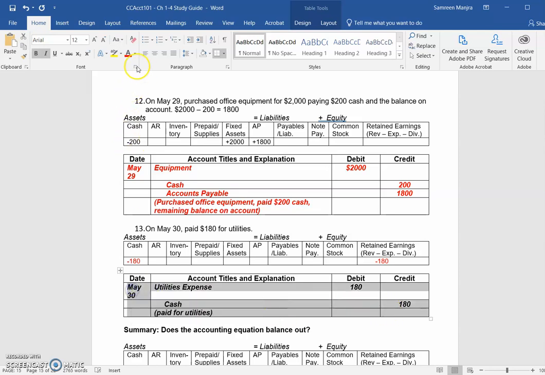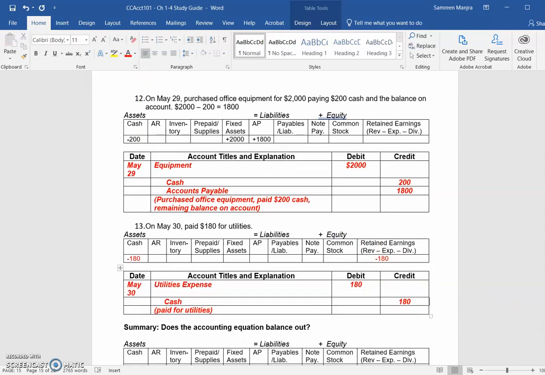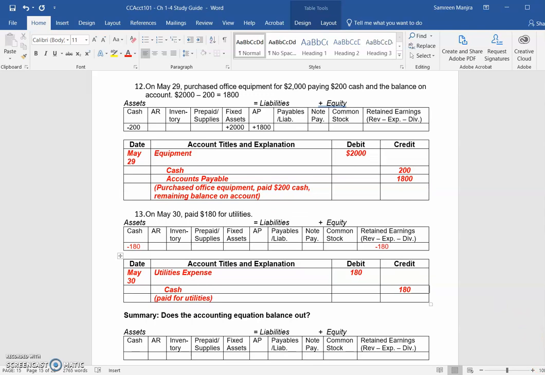So the last part of this problem, if you want to do this, is you can go ahead and figure out, does your accounting equation balance out? If you want to, take all of the dollar amounts from all 13 transactions. Take the amounts that you noted for cash from the very beginning, add and subtract those numbers, and include a number for cash.